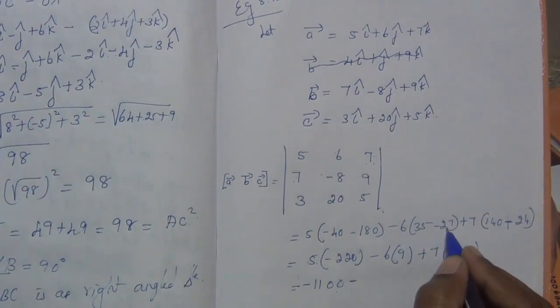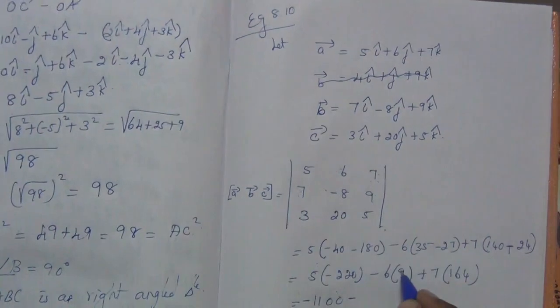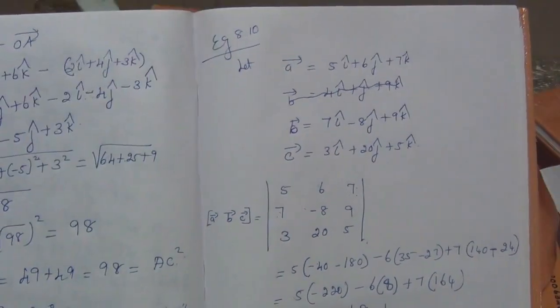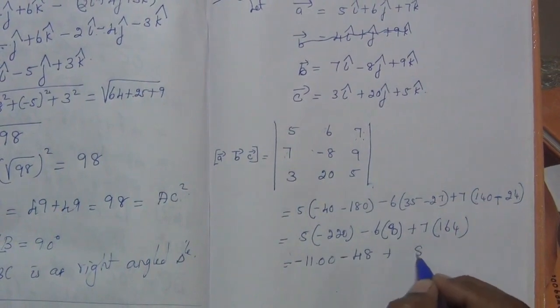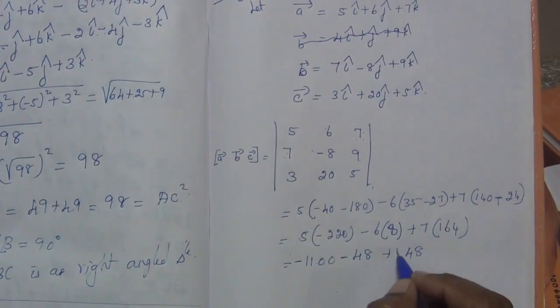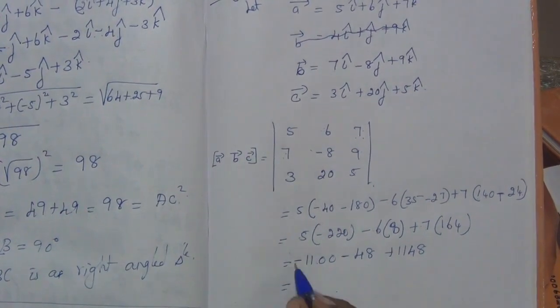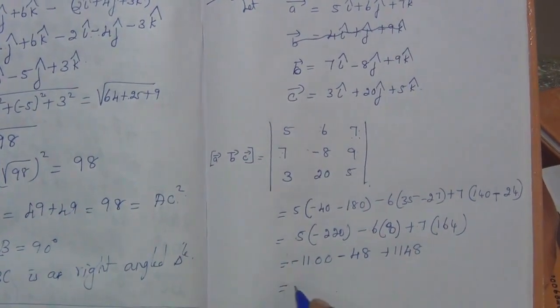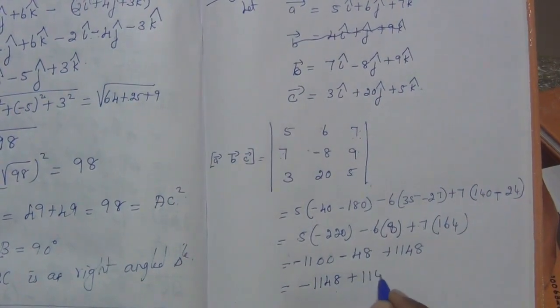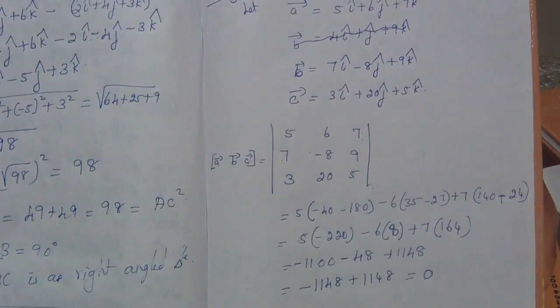See, 35 minus 27, we get 8. So 6 into 8, 48. Plus 7 into 164 is 1148. See, minus 1100 minus 48, that is minus 1148, plus 1148, we get equal to 0.